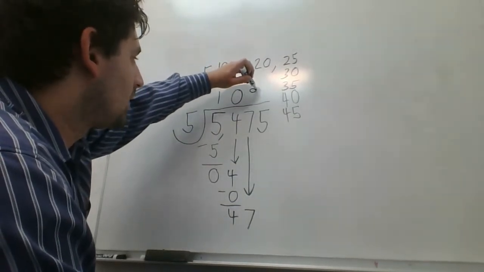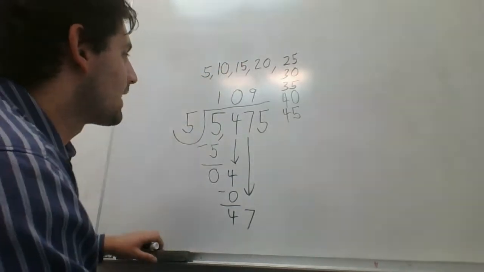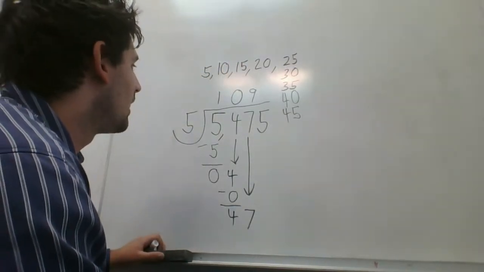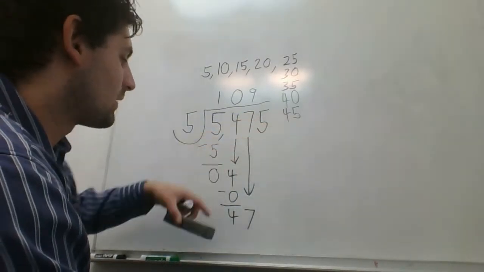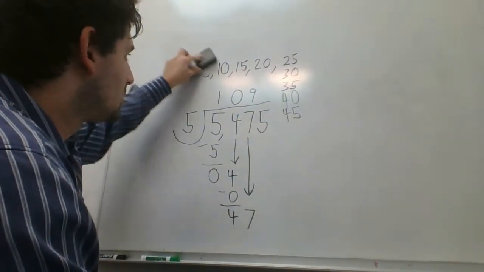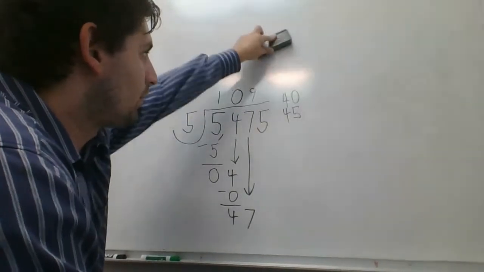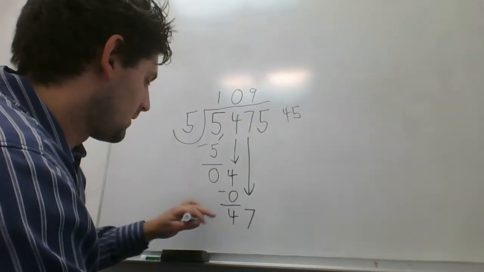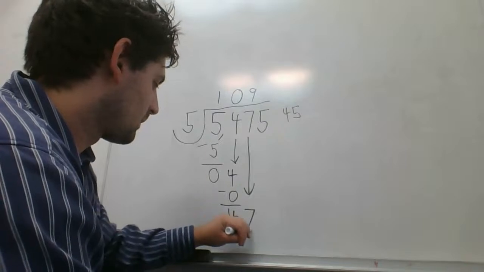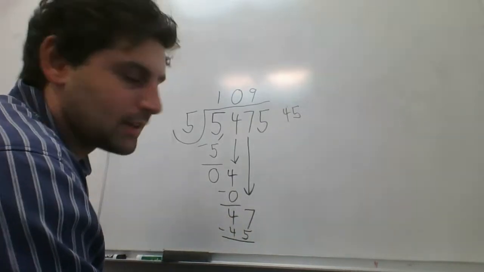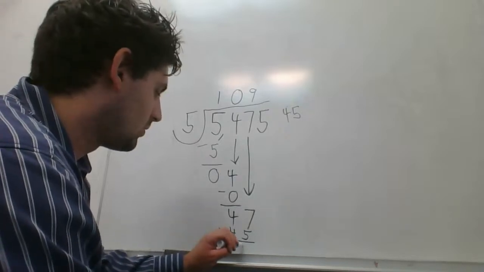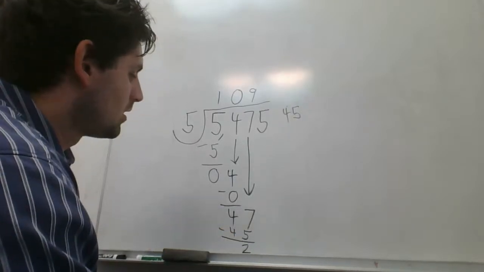So 5 goes into 47 9 times. You can get 9 groups of 5 within 47. 45 was as close as I could get to 47 without going over. So I got to do 47 minus 45, which equals 2.